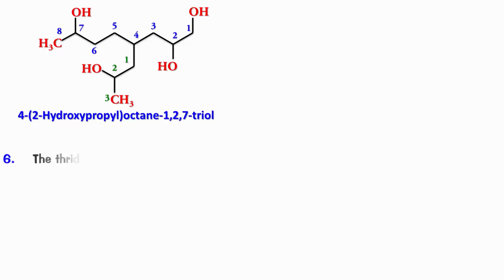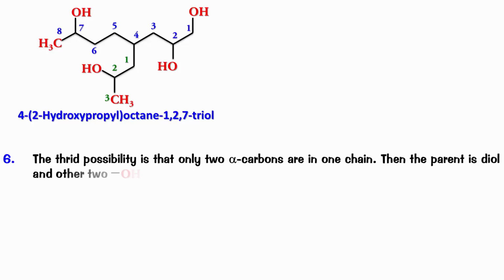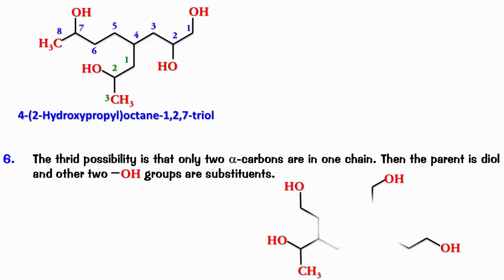And the last possibility is if any 2 are in one chain and the other 2 are not, then the parent is a diol and the other 2 OH will be substituents. Pause, name and play. Alpha carbon, alpha carbon, alpha carbon, alpha carbon.